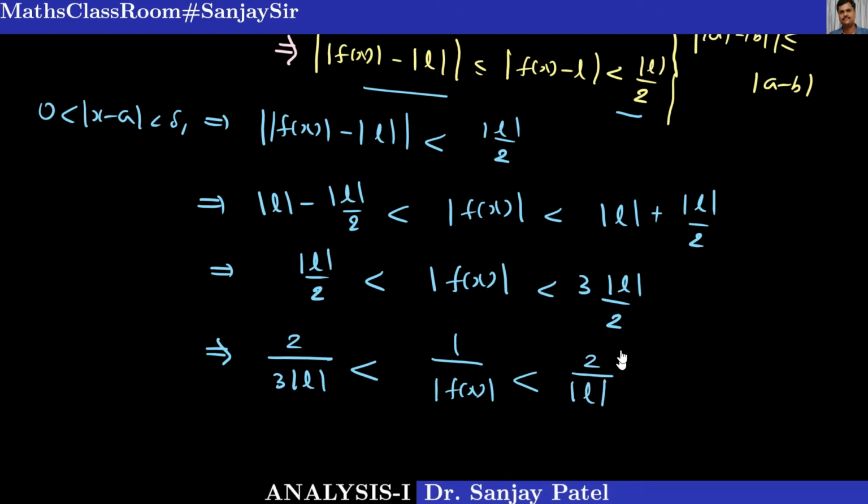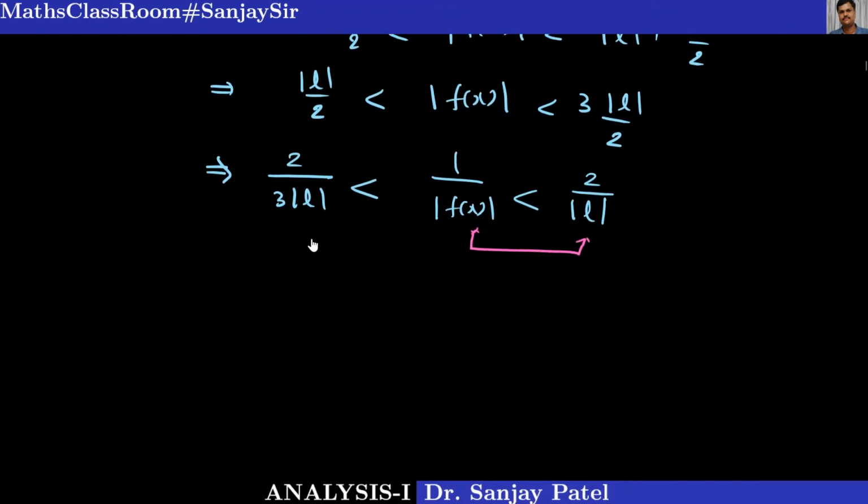What is useful here is only this much. Remember that for all x satisfying this condition, A less than B less than C is true, meaning this less than this less than this is true. So I can use only the part which is required. So I am writing it again.